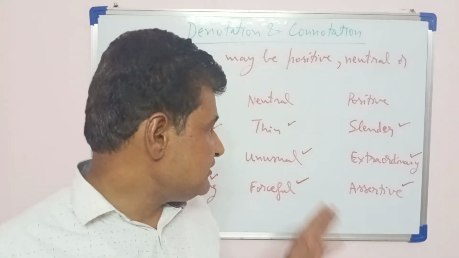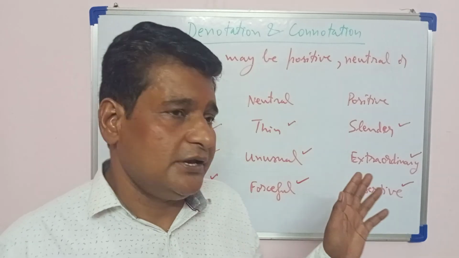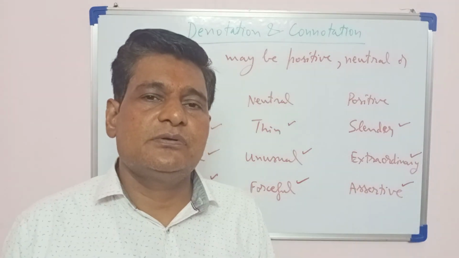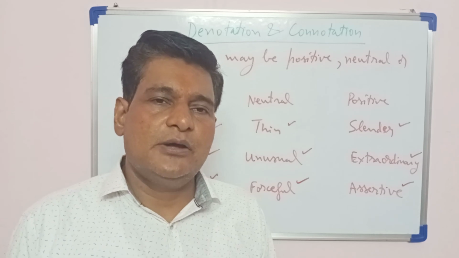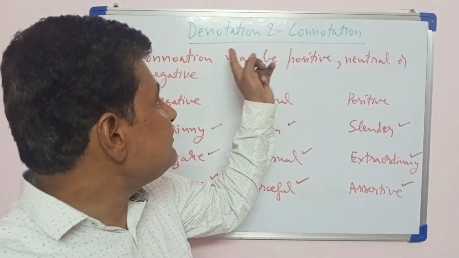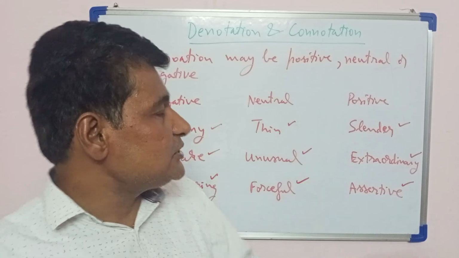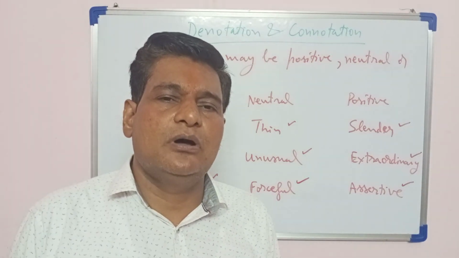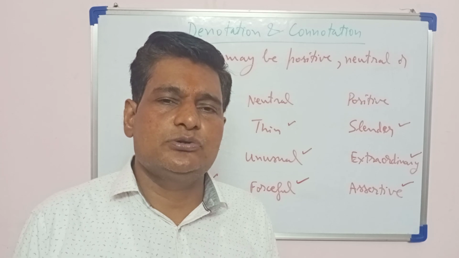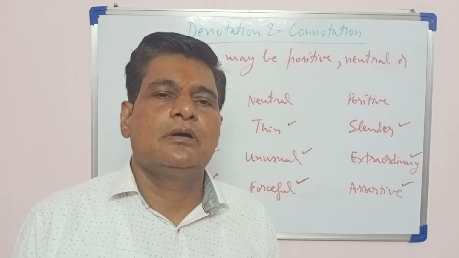So you must know the difference and use them properly in your expressions so that you are able to convey the right expression. So I hope you have understood the difference between denotation and connotation, and you will use them properly in your day-to-day communication, both oral and written.